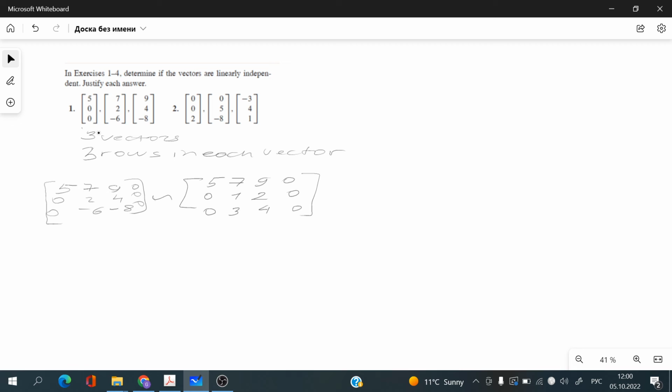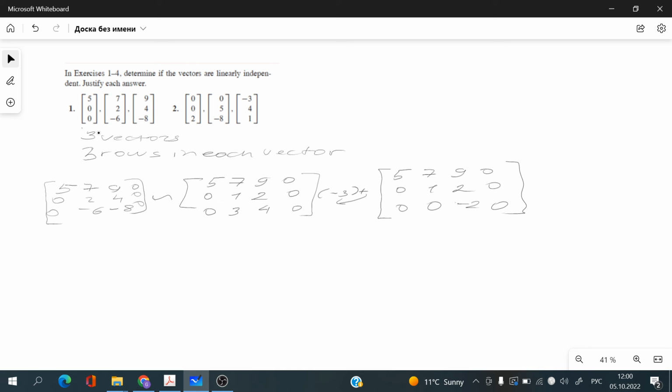Now let's take the second row and reduce the third row. So we multiply by -3 and add this one. What are we going to get? We're going to get the following: 5, 7, 9, 0; 1, 2; 0, 1, 2. And here it's going to be 0, 0. -6 plus 4 is going to be -2.